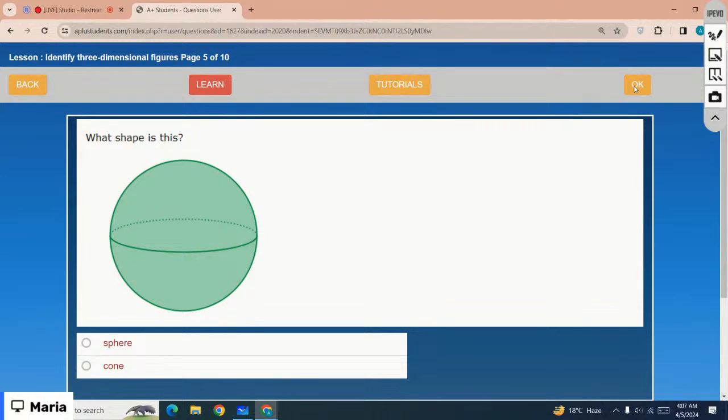Which is the correct option? Yes, that is a sphere. Very good.